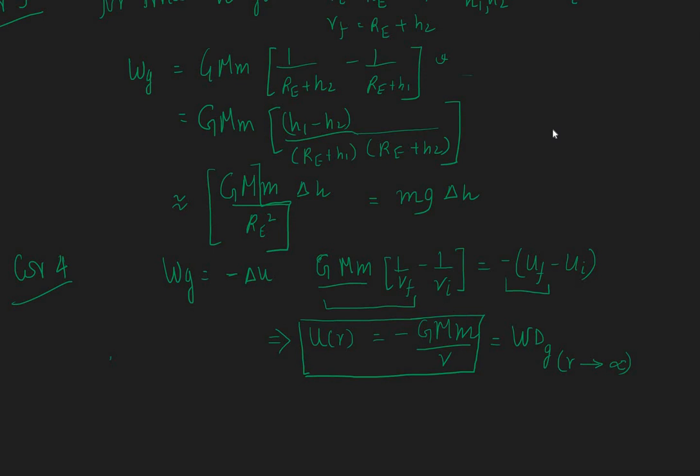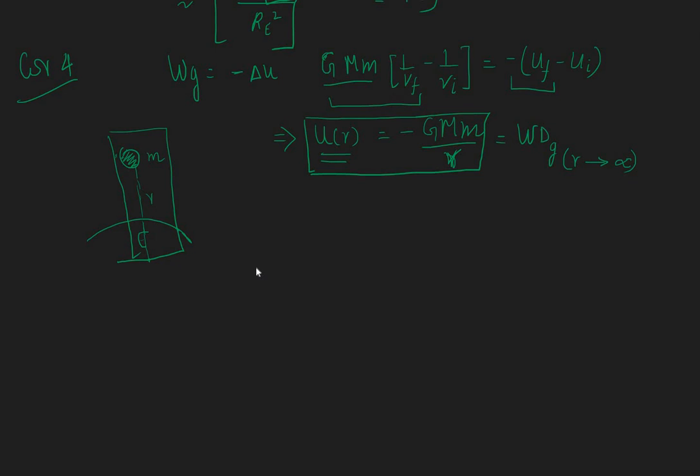This is a very important observation: the potential at a point R is minus GMm by R. So if you have the Earth here and you have this object here, at a distance r from the center of the Earth, the potential of the Earth-ball system is minus GMm by R, and that is nothing but the work done by the gravitational field in moving an object m from distance r to infinity.